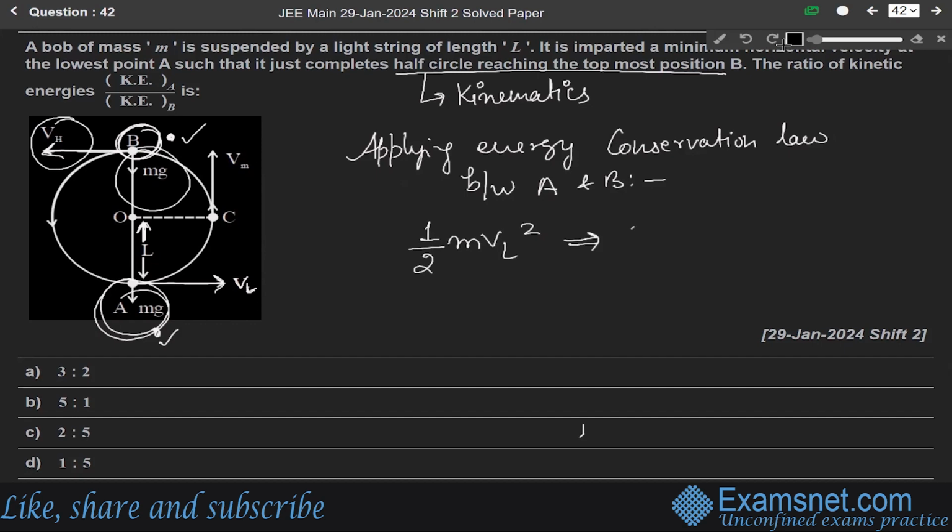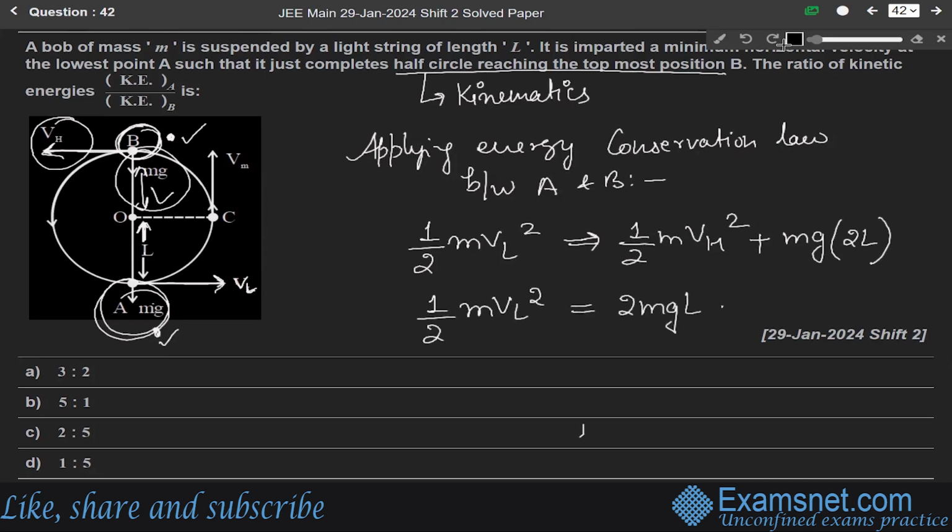The height is this L and this L, so it is 2L. So half m VL square will be equal to 2 mgL plus half m VH square. Since we know that VL at point A is under root of 5gL, okay?